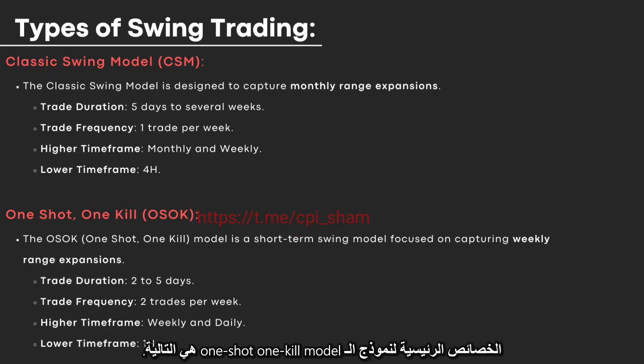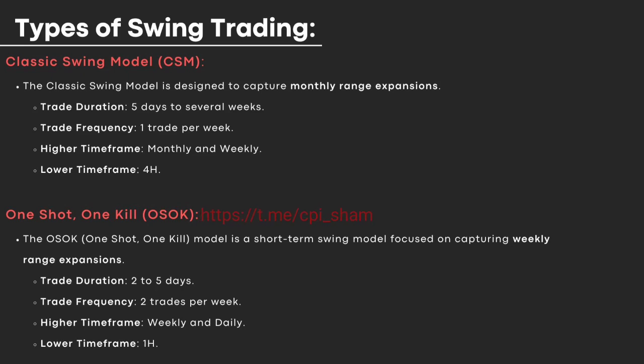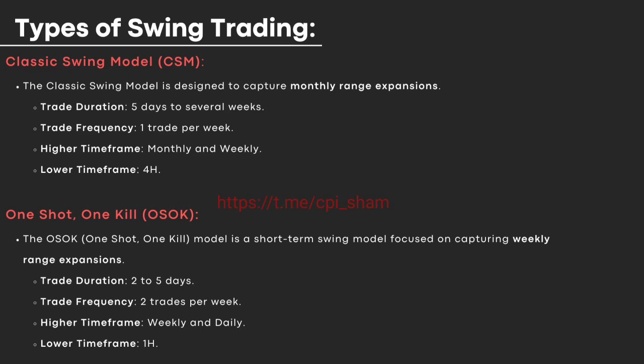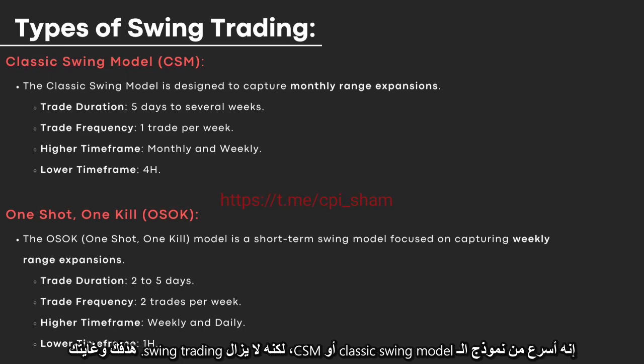The key characteristics of the one shot, one kill model are the following. Trade duration. The trades for the one shot, one kill model last anywhere between 2 days to 5 days. It's quicker than the classic swing model or the CSM, but it's still swing trading.